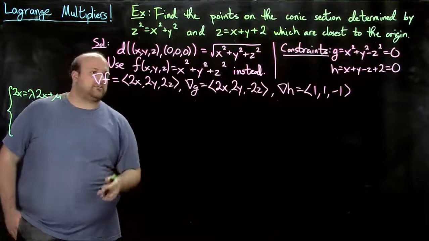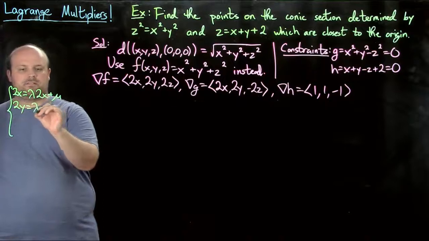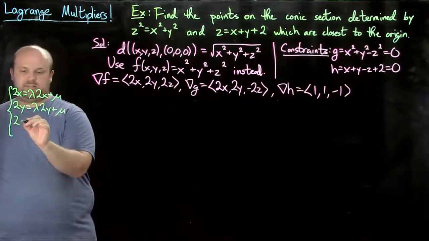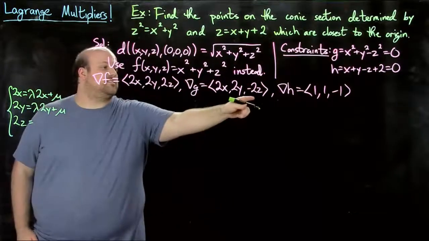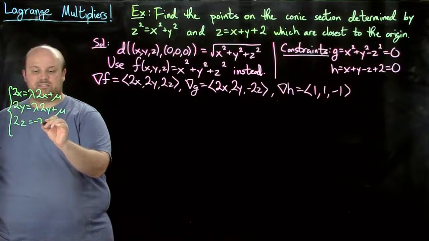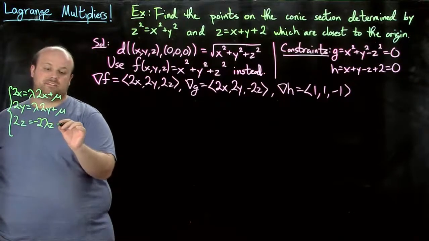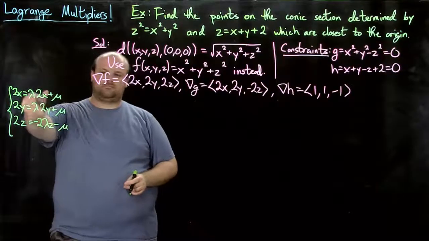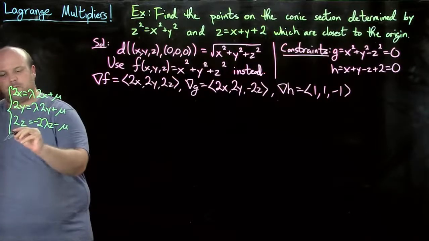For the second equation, we compare the y components: 2y equals lambda 2y plus mu. And then for 2z, this time there's a minus: 2z equals minus 2 lambda z minus mu. I know I wasn't very consistent, but it's okay.